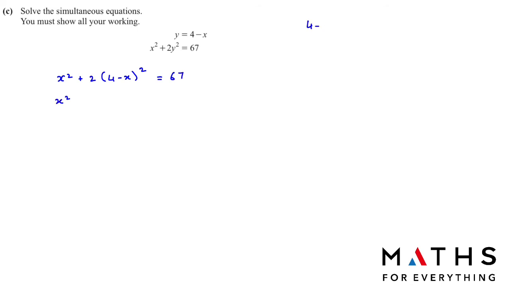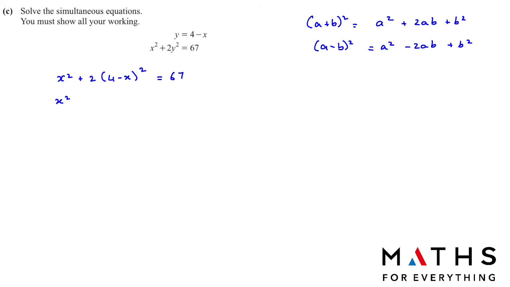If you want to expand 4 minus x, it's a very good idea that you learn the rule that I'm writing down now, because this identity you're going to use it till grade 12. If you have a plus b square, it will be a square plus 2ab plus b square. And if it's a minus, it will be a square minus 2ab plus b square.